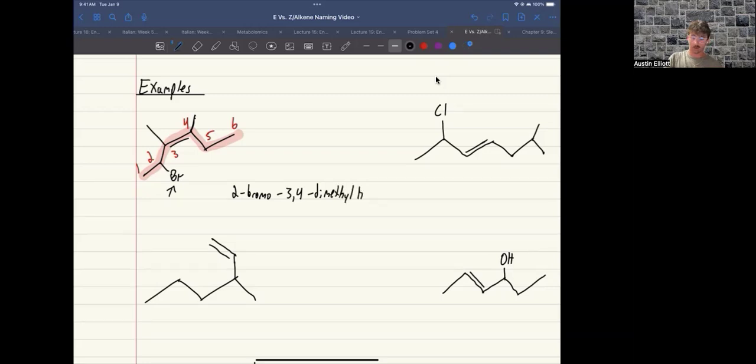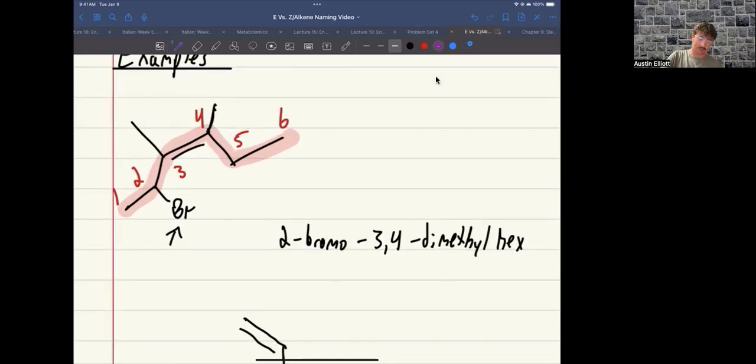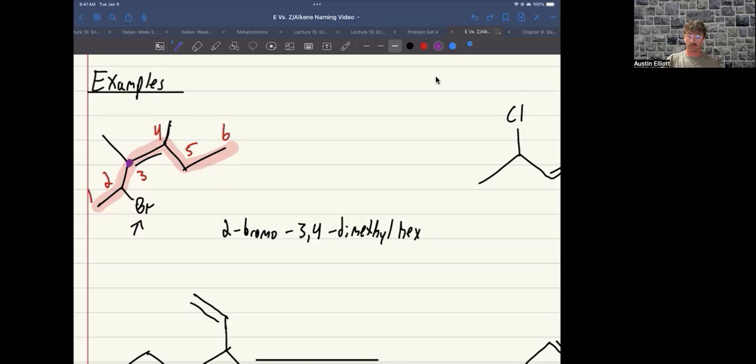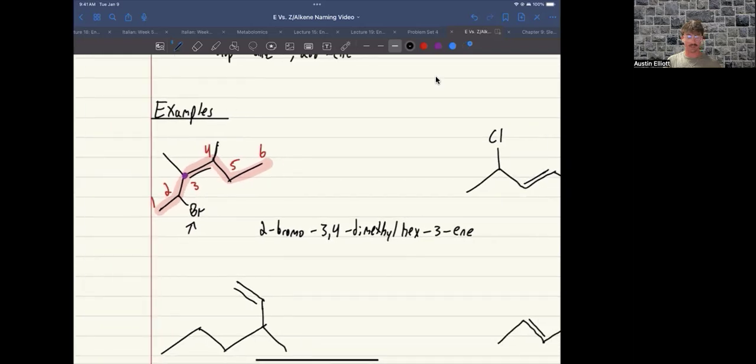And then our parent chain is 6, so it's going to be hex. And then our alkene starts at this 3 carbon right here. Even though it finishes on the 4 carbon right there, you want to do where it starts. You want the lowest number to be in the name. So it's going to be hex-3-ene. And so that's our base name.